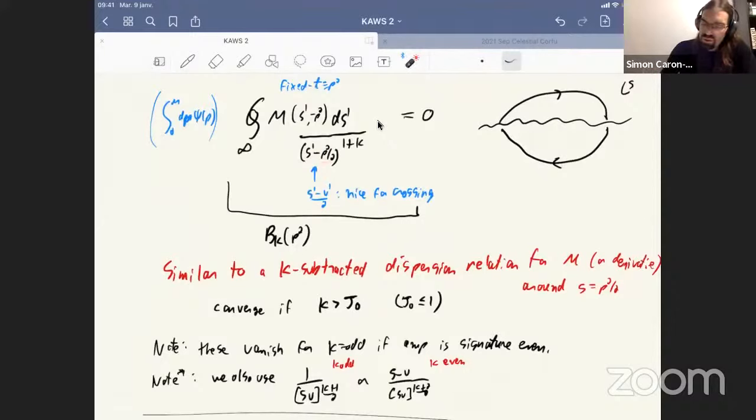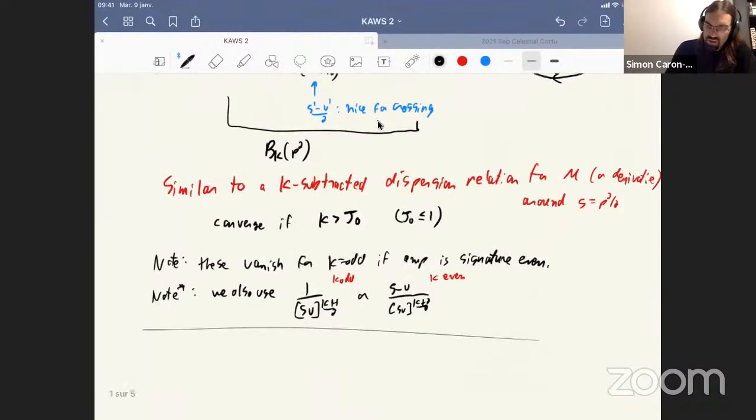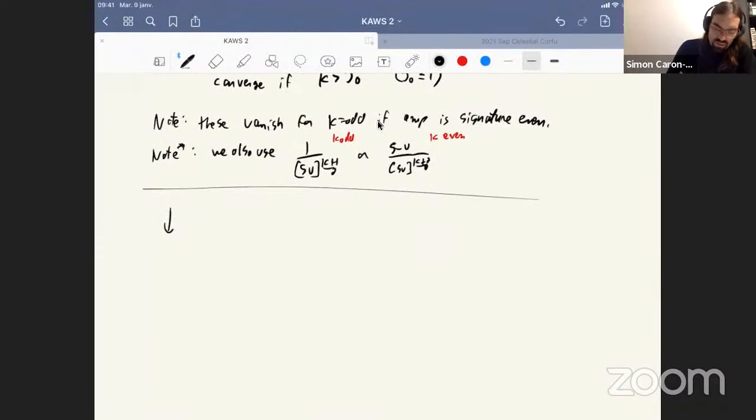So what we do is that we deform this contour so that it ends up looking like this, an arc, and we avoid this region of small m. So here we start with a contour that's at infinity. We put it in. So the contour we actually use looks like this.